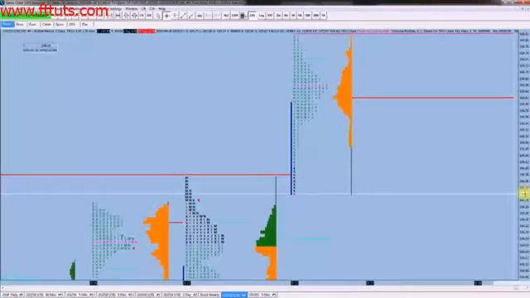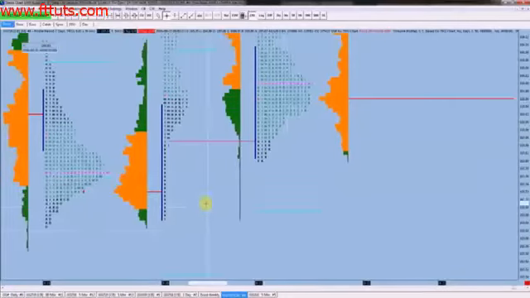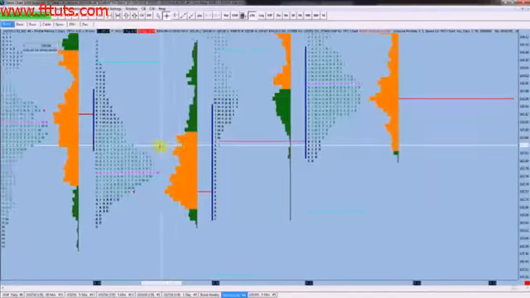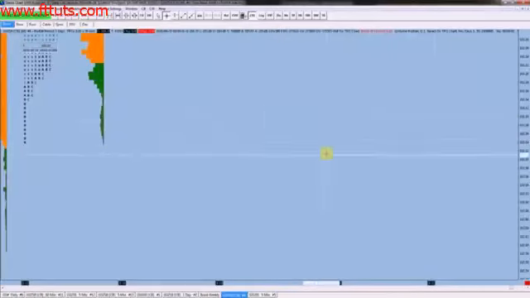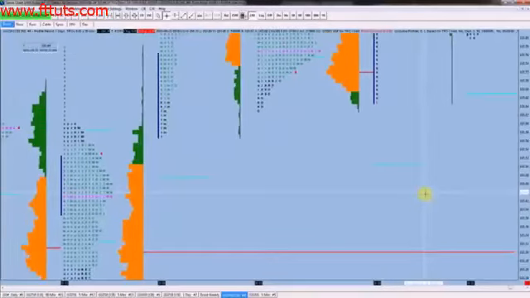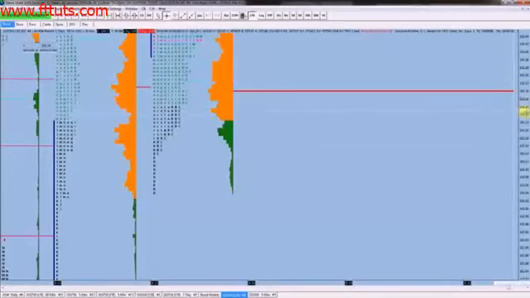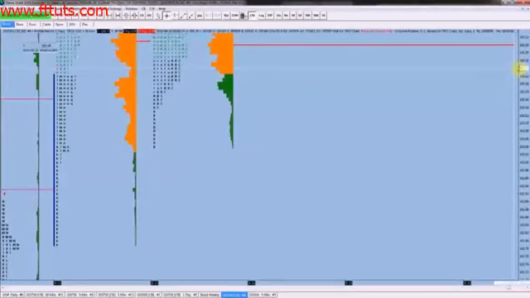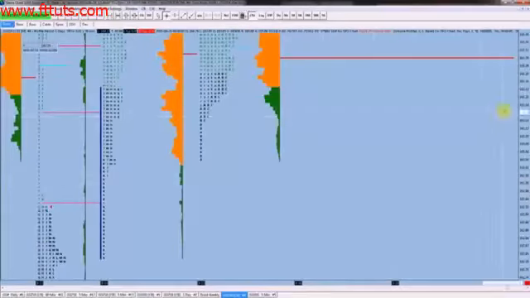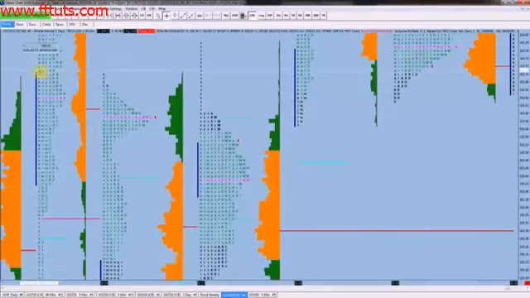Now, an example of where it didn't work would have been, well, actually, this day it worked as well. We had an open drive, buyers remained in control for the whole day. However, where was it? There was a day where, where was it? This day here, you can see the K print would have been the high at the point.